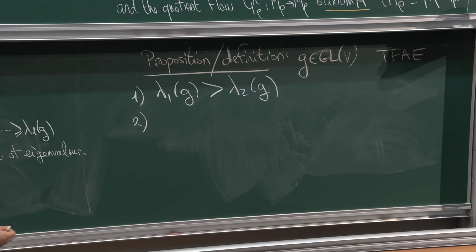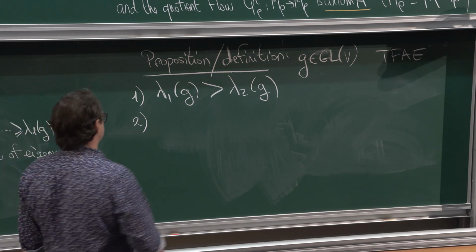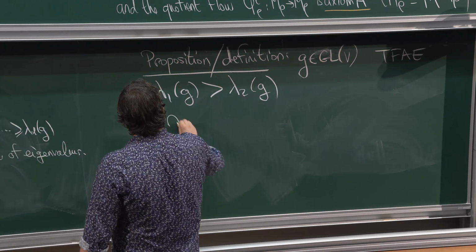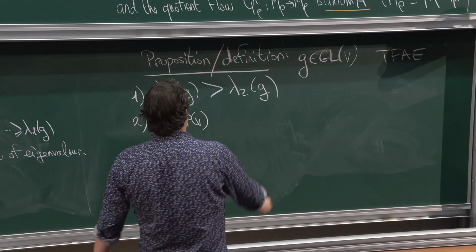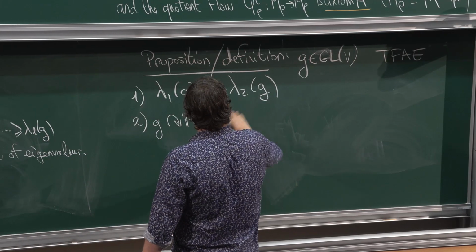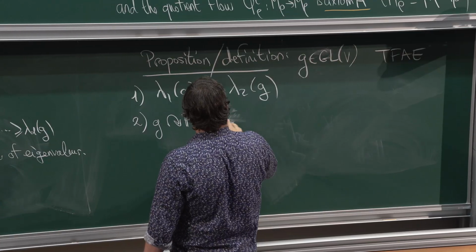And the second definition will be one more of differential geometry, which is that you look at the action of G on the projective space, right? And you ask for this action to have an attracting fixed point.